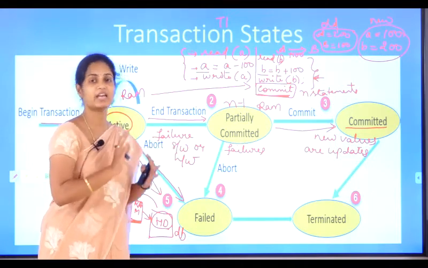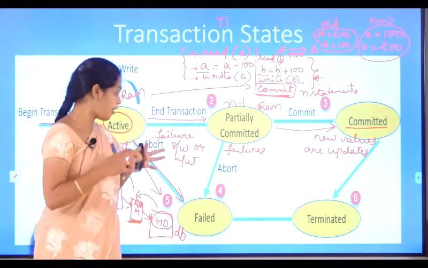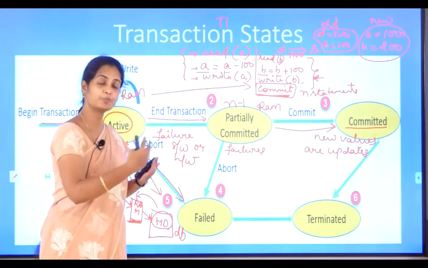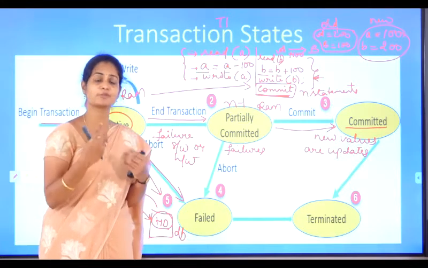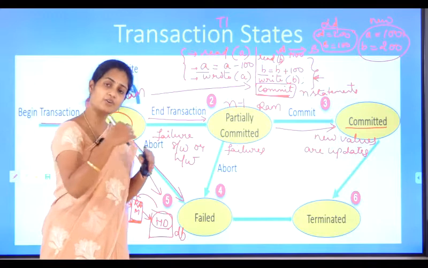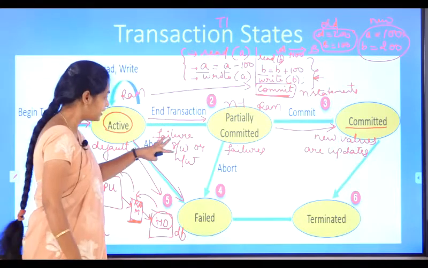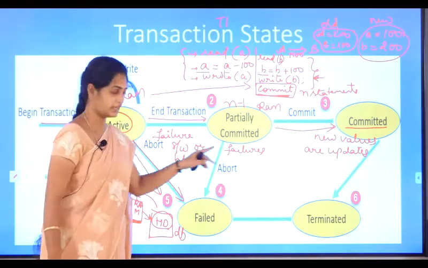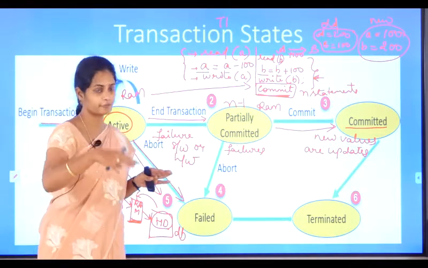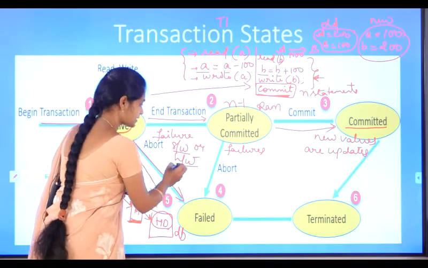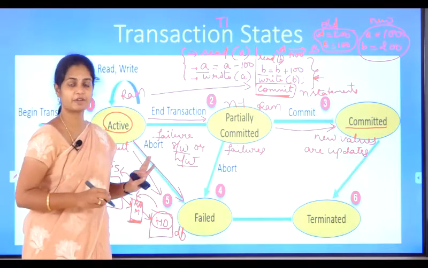We can have many issues on the server, or the hardware which we are using to perform a transaction may not perform very well. All these things which interrupt the transaction are nothing but failures. Maybe the software could not work properly. All these come under software and hardware failures.